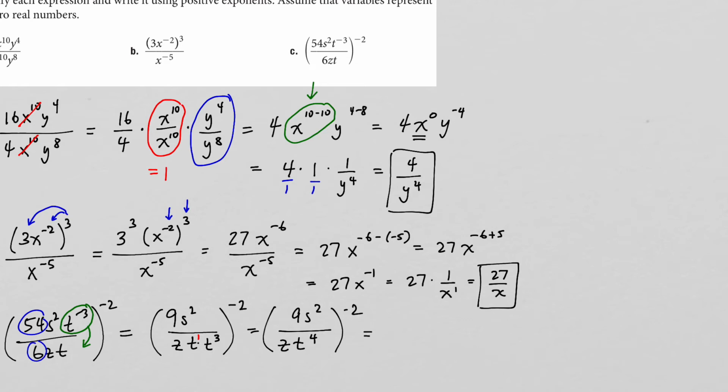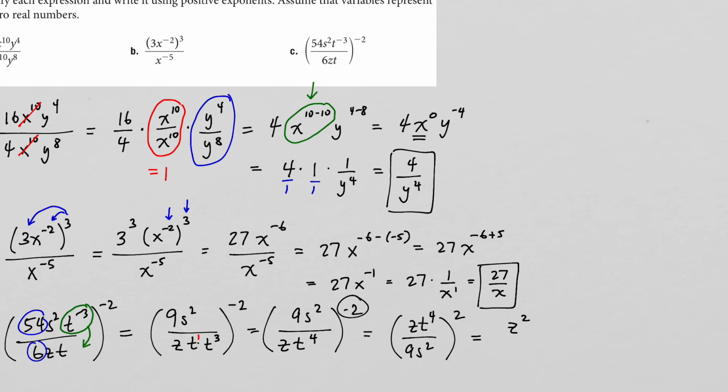Now, when you have a negative exponent like this, a fraction to a negative power, what you can do is just flip the fraction. So literally I take zt to the 4, put it on top, 9s squared goes to the bottom, and when I do that, this negative 2 becomes a positive 2. And now I just need to raise everything inside the parentheses to the positive 2 power.